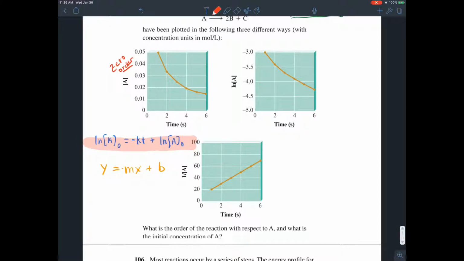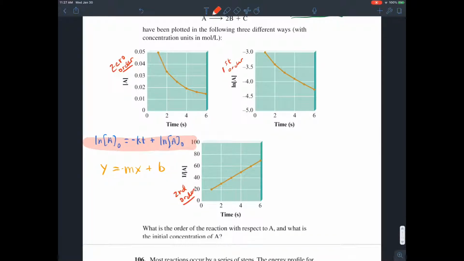If your y-axis is the natural log of A with respect to time, and the x-axis is time, then that's going to be a first order reaction. And finally, if your y-axis is 1 over A with respect to time, that's going to be a second order reaction.